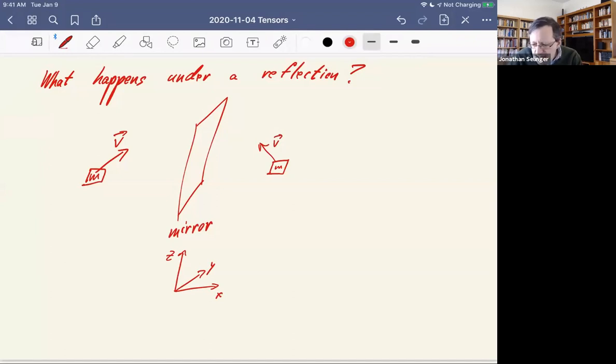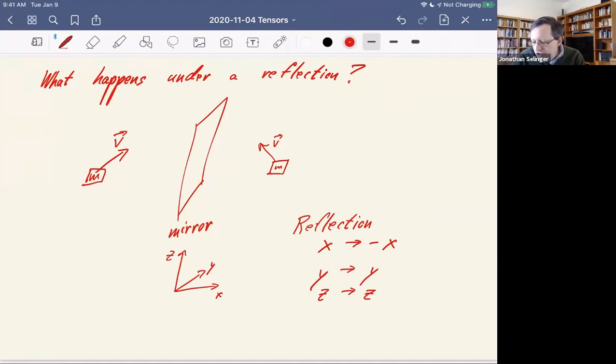So if I label x, y, z, then when we reflect in this mirror, right? So here's a mirror in the YZ plane, perpendicular to X. Right? And this mirror does a reflection where we could say X goes to negative X, but Y stays the same and Z stays the same.